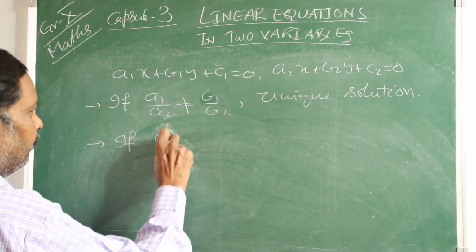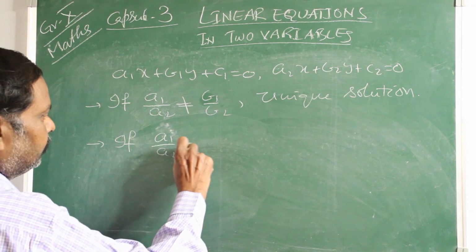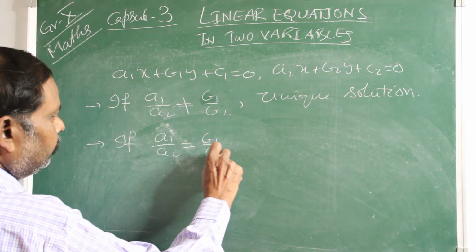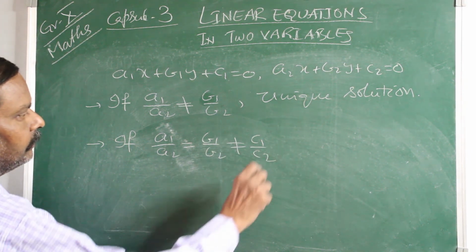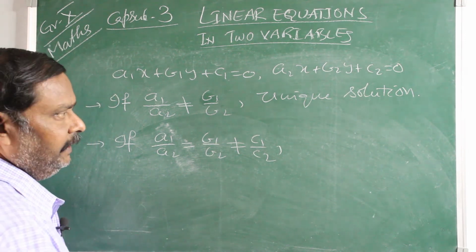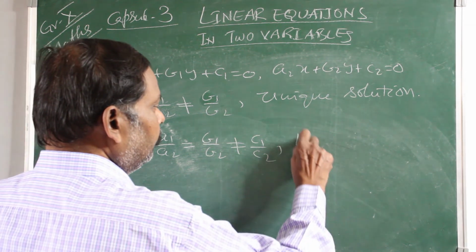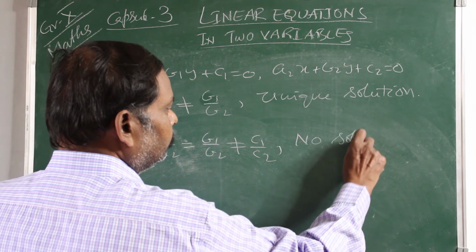If A1 by A2 is equal to B1 by B2, but it is not equal to C1 by C2, then no solution.